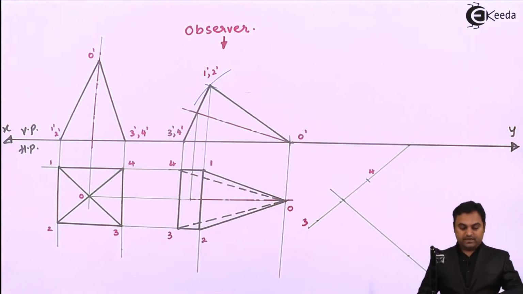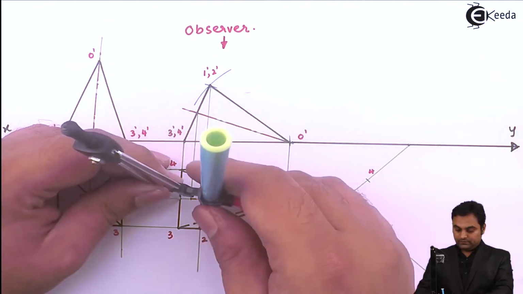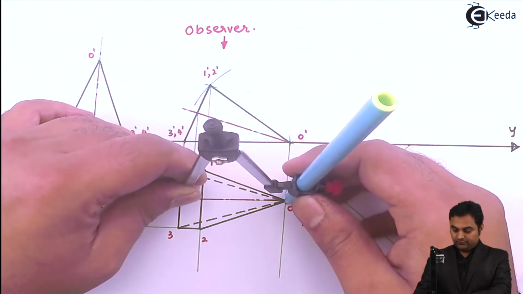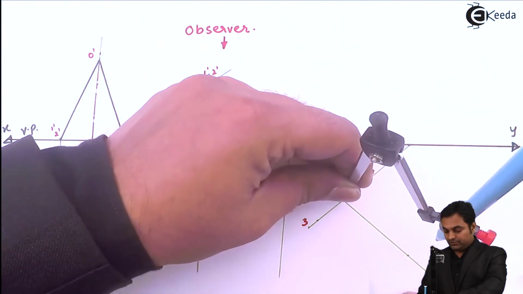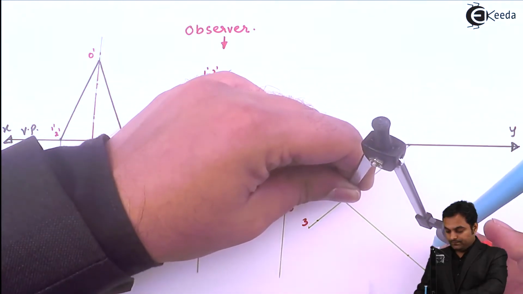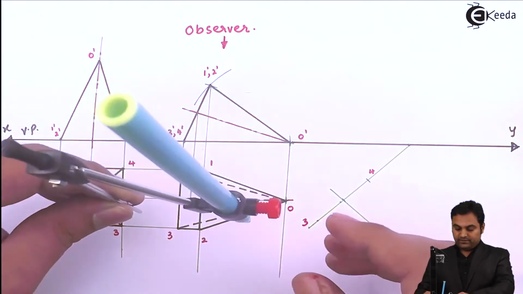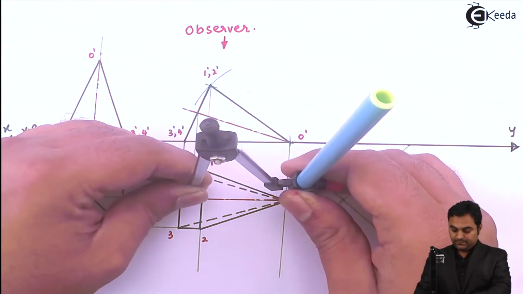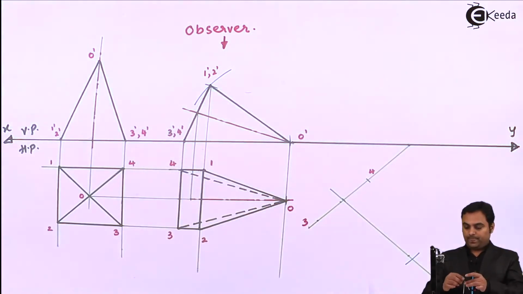After this, I'll mark the axis, taking this total distance from the base edge 3 to 4. So from base edge up 3 to 4. Next, I'll measure the distance from apex up till here, that is the axis length in the top view.